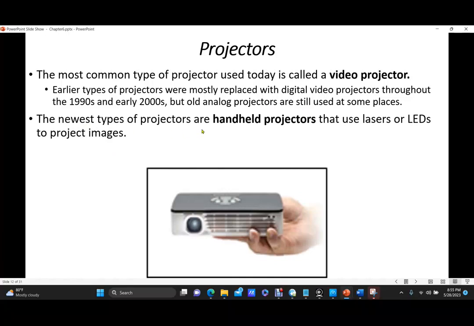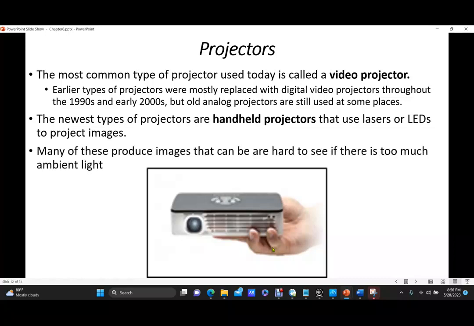The newest types of projectors are handheld projectors that use lasers or LEDs to produce their images. Many of these produce images that can be hard to see if there's very much ambient light.